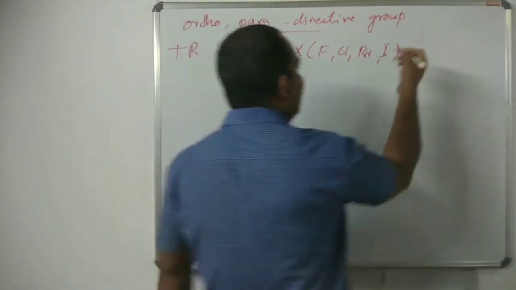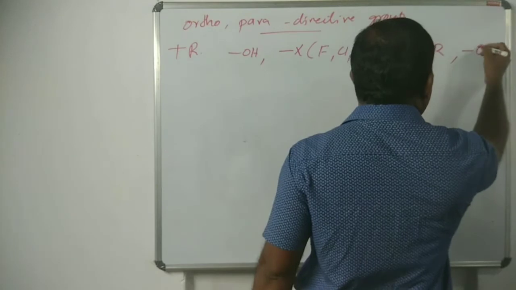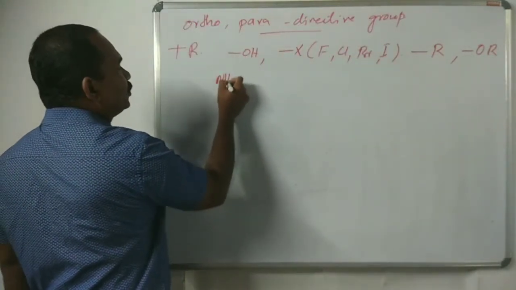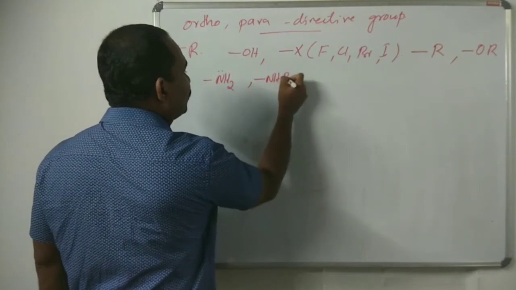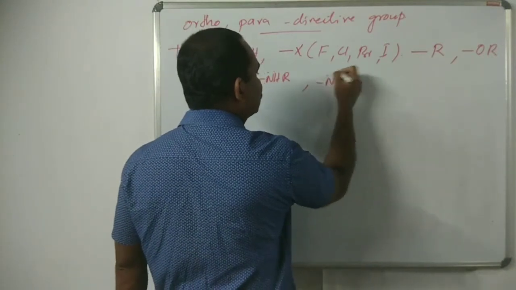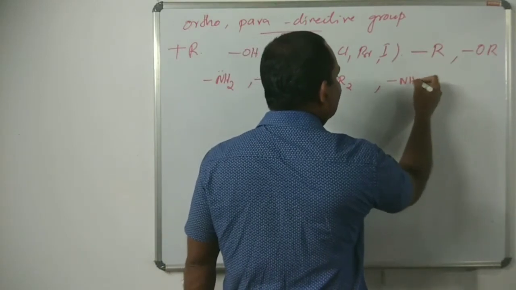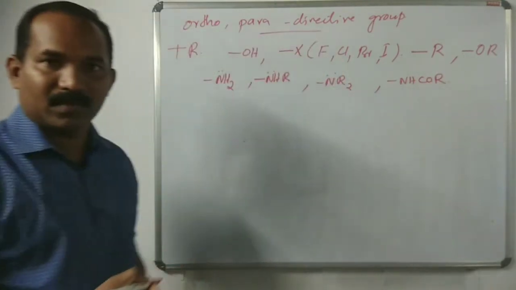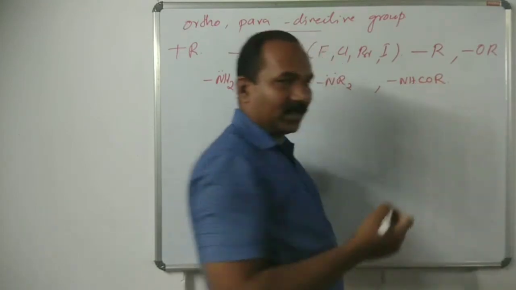Then alkyl groups, alkoxy group OR, NH2 group, NHR group, NR2 groups, then NHCOR group, or NHCOCH3 groups.